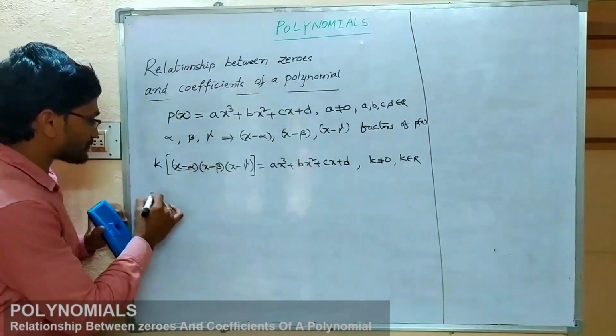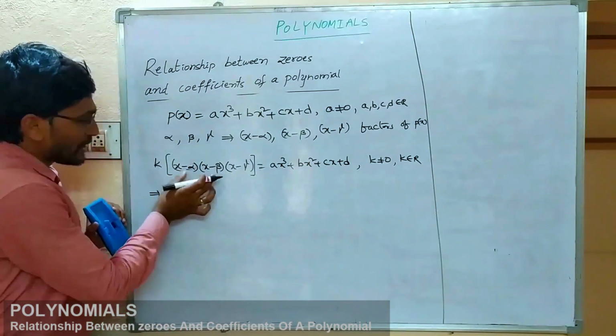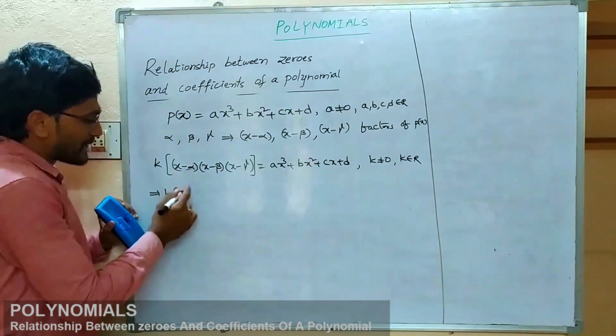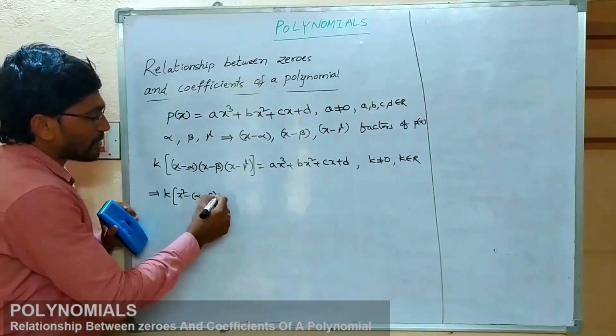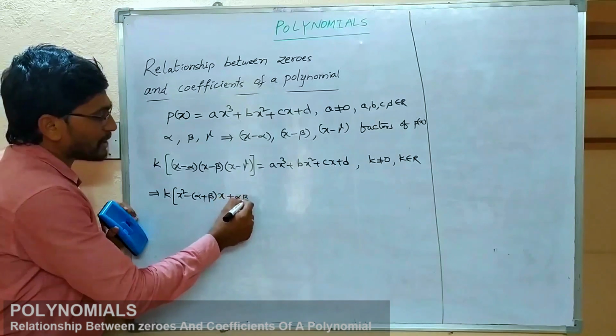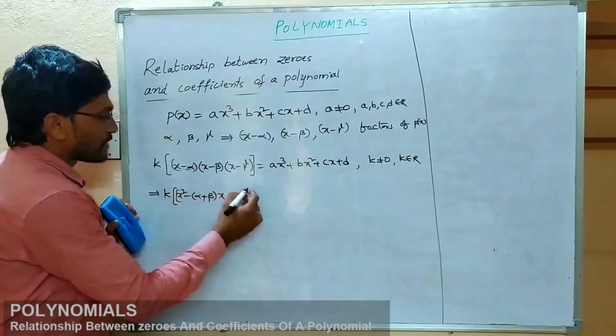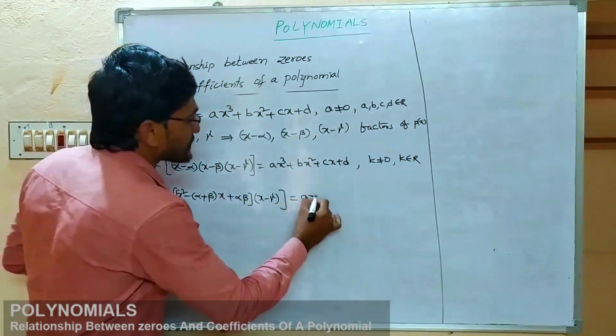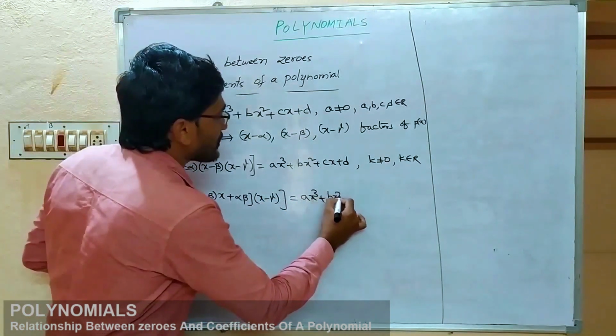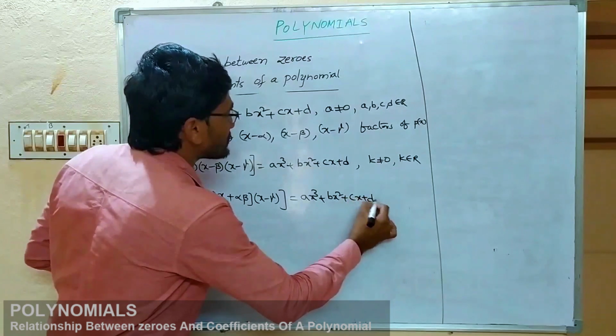Now multiply these terms. So k into, if we multiply these two terms, what do we get? X square minus alpha plus beta into x plus alpha beta, already we have seen, and x minus gamma is equal to ax cube plus bx square plus cx plus d.